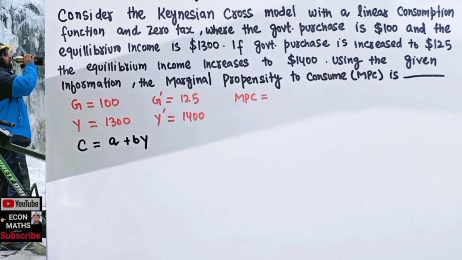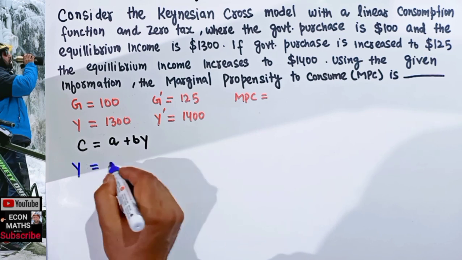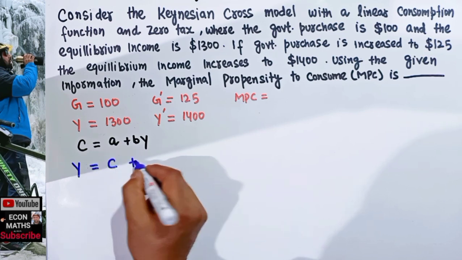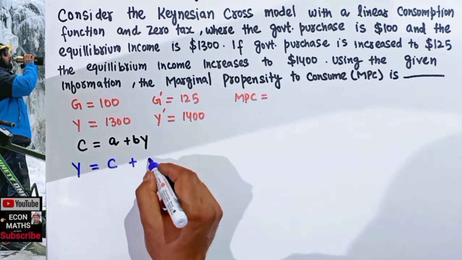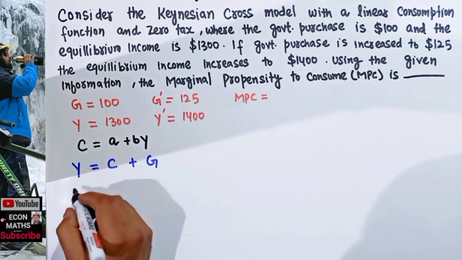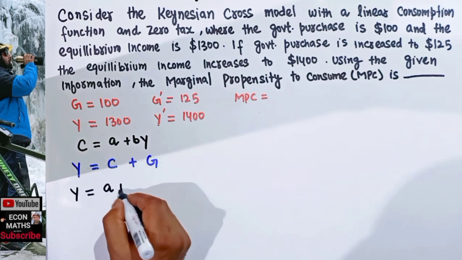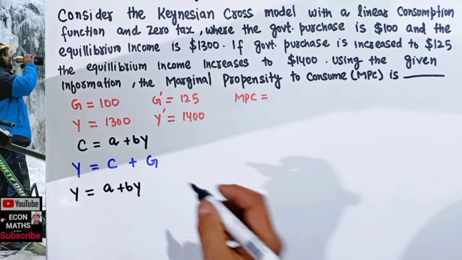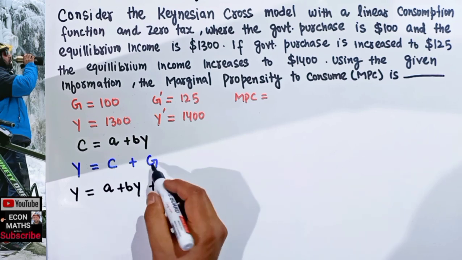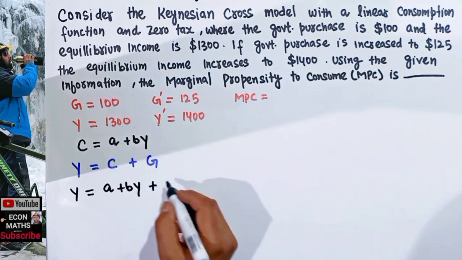So using the identity, we know that our Y should be equal to consumption plus investment, which is not being given, we are only being given the government expenditure. This will be our initial equation. Now Y is equal to, so C is A plus BY plus what is initially the value of government expenditure, it is 100.